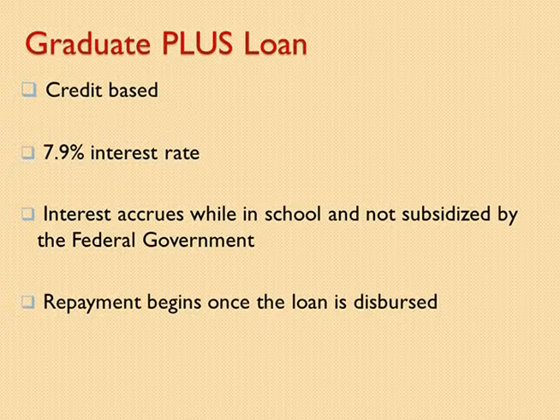If approved, the loan carries a 7.9 interest rate. The interest accrues while you're in school. The government does not subsidize the interest, and repayment begins once the loan is fully disbursed. So in essence, repayment begins while you're in school.